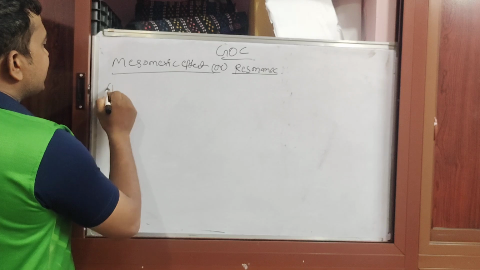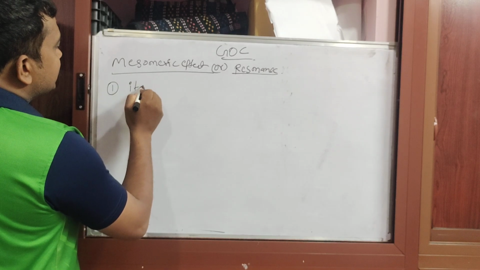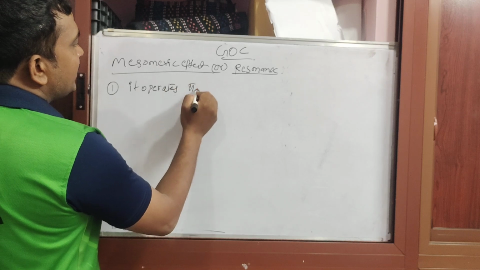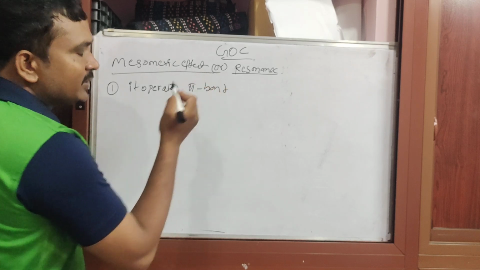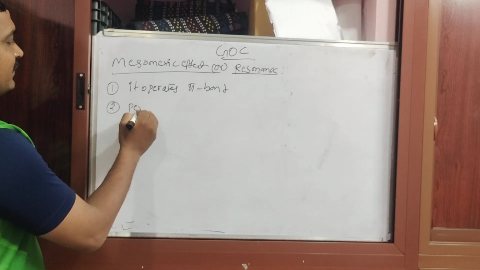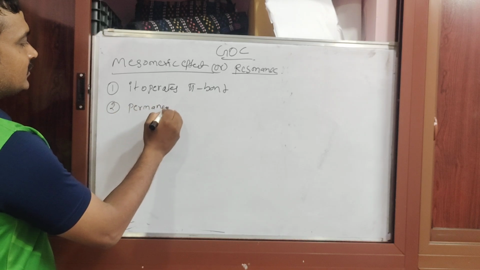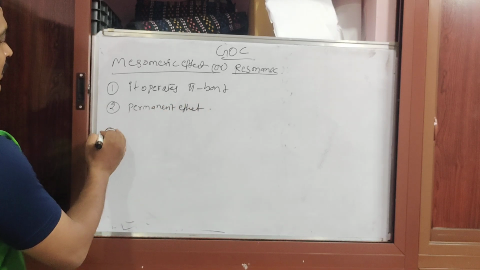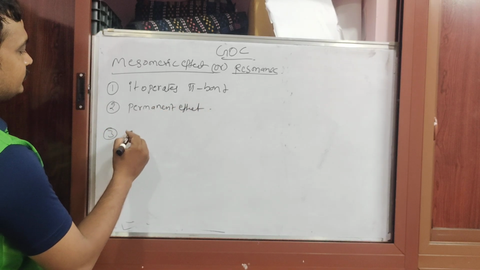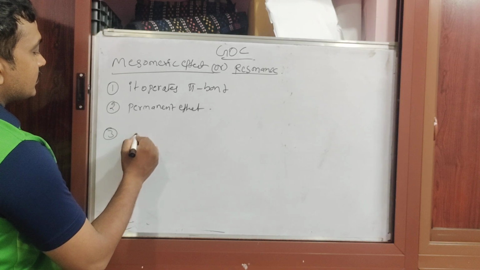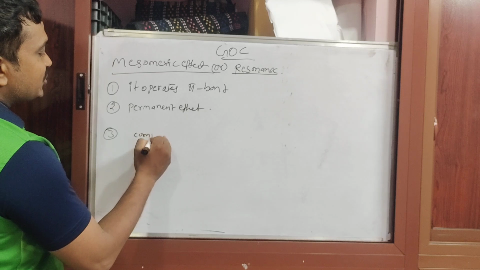First, mesomeric effect operates through pi bond. Second, it is also a permanent effect. Third point, complete charges will form.